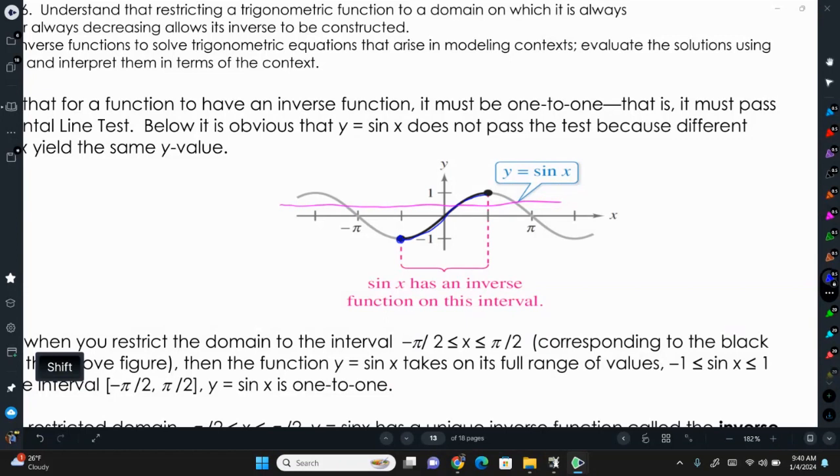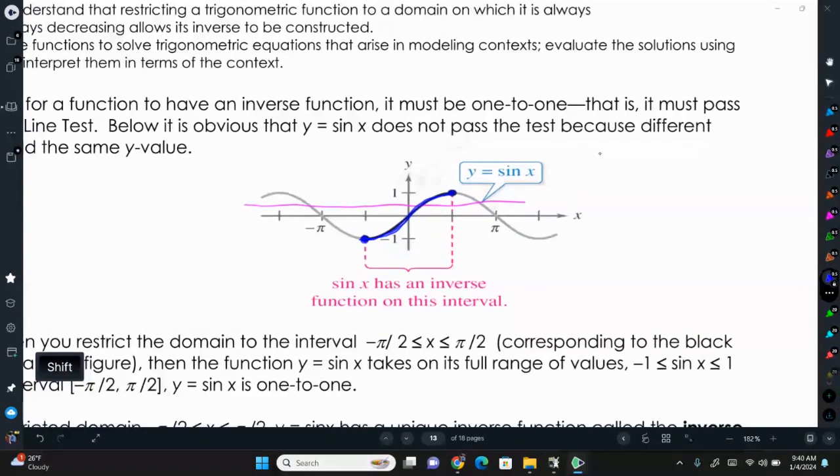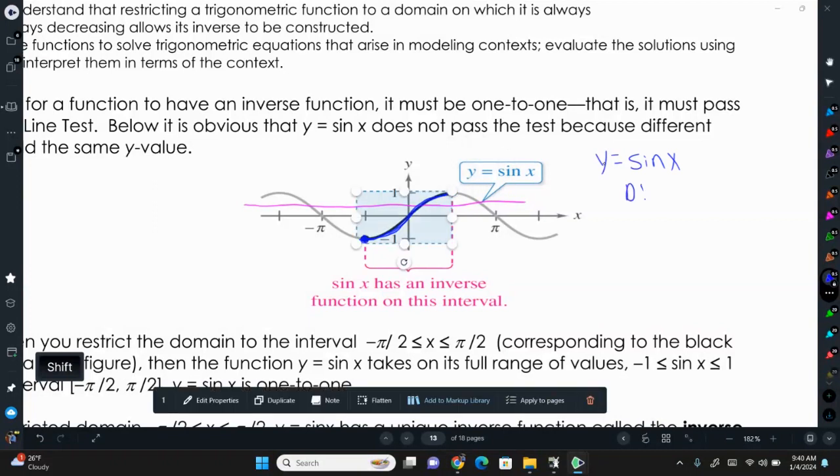This part right here, we restricted the domain. If we restrict it like this, then that inverse would be a function because that blue portion passes the horizontal line test. So remember, for y equals sine of x, our domain was negative infinity comma infinity, and our range was -1 comma 1.